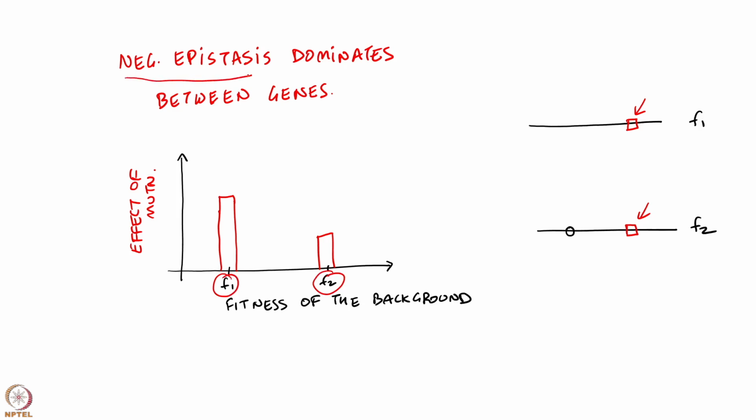And these properties associated with negative epistasis are the dominant feature of epistasis when it comes to between gene epistasis.